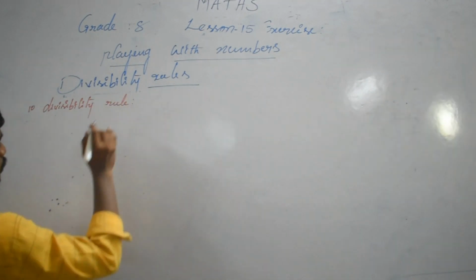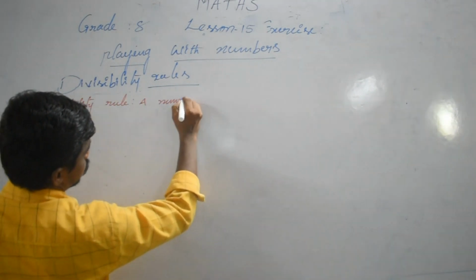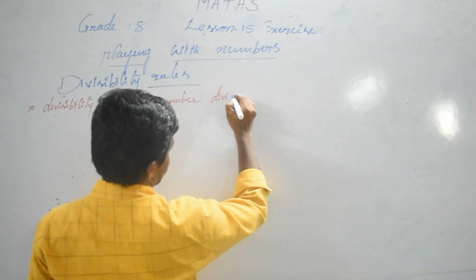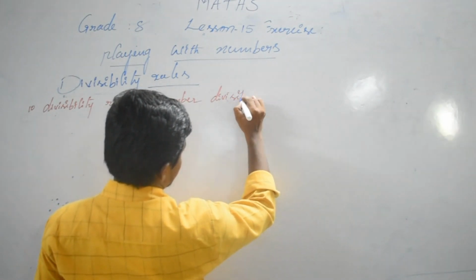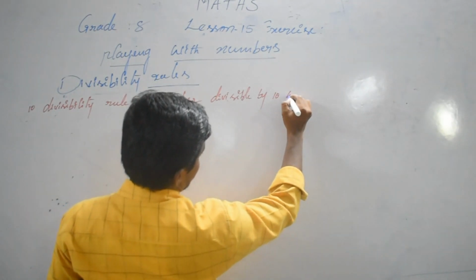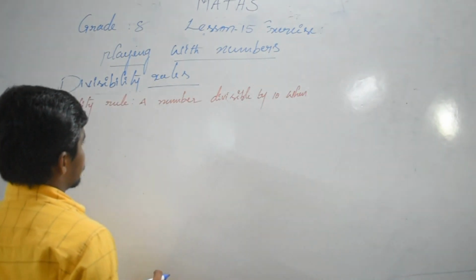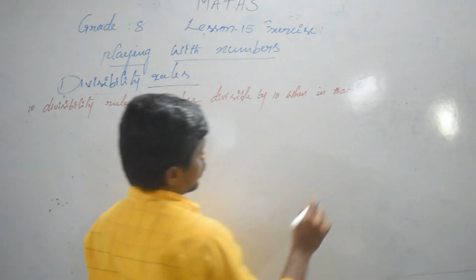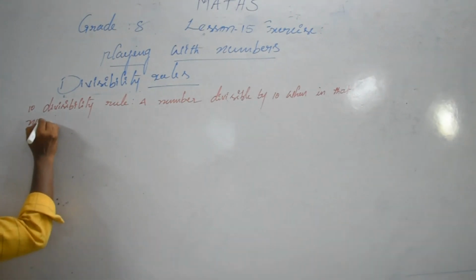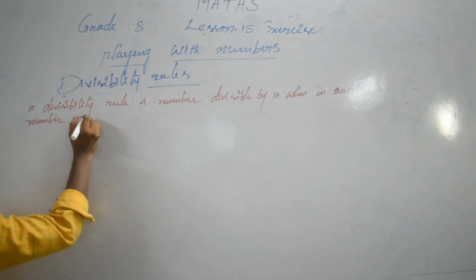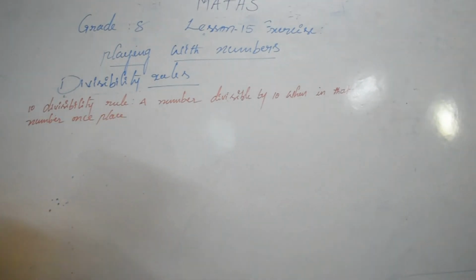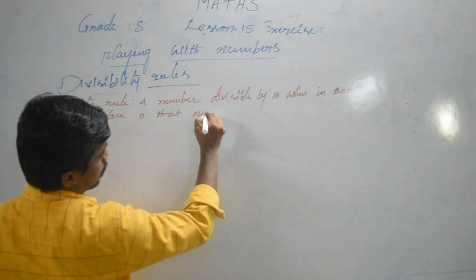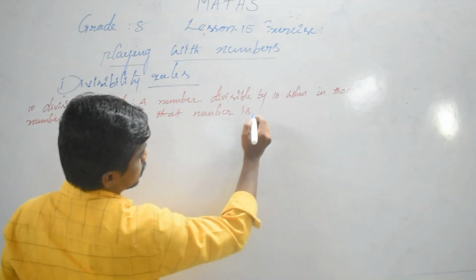Divisibility rule: a number is divisible by 10 when in that number the ones place is 0, that number is divisible.